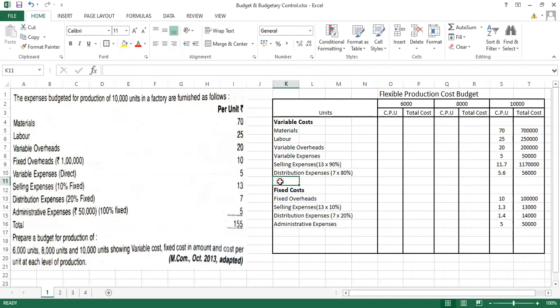Over here you are going to write down A, total variable cost.